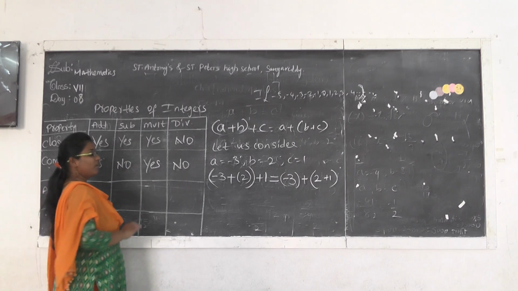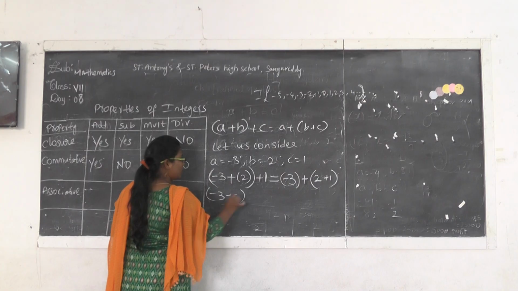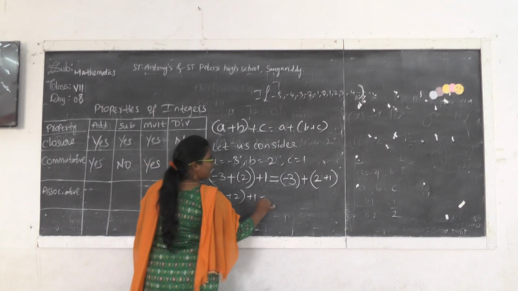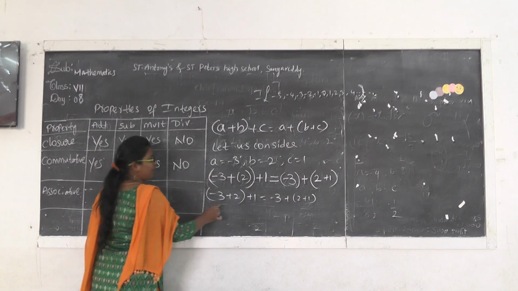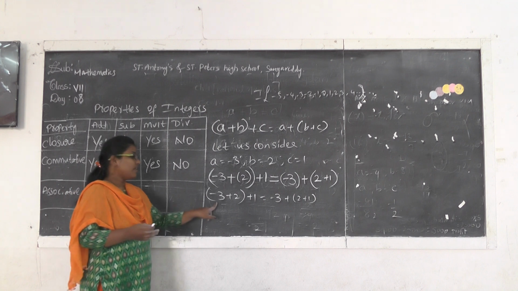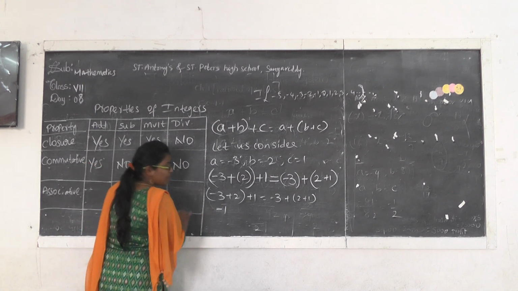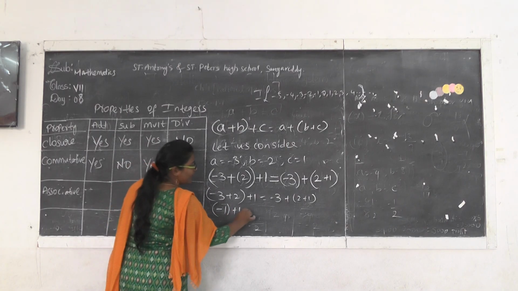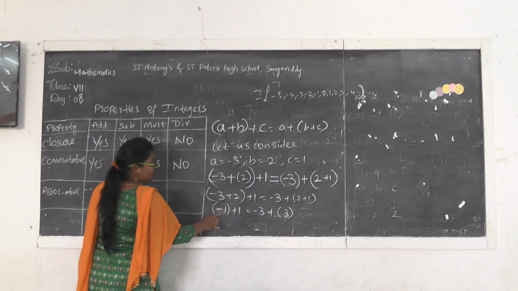Now simplify by removing the brackets: minus 3 plus 2 plus 1. Now simplify. One is minus, one is plus, so we have to subtract. 3 minus 2 how much? 1. Here the greater numerical value has the minus symbol, so minus 1 plus 1 equal to minus 3 plus 2 plus 1.